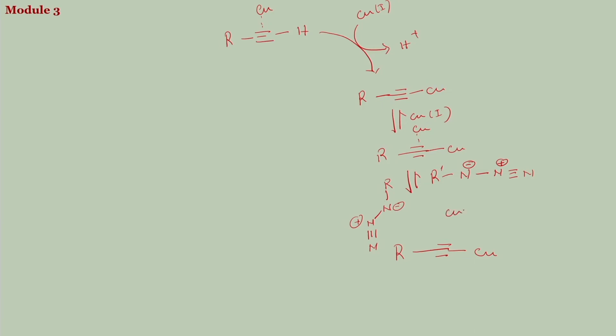Now, you have this copper here that makes a complexation, and this makes a complexation. Copper is electropositive, so it wants to push the electron density towards this, which increases the electron density on this carbon, that can act as a nucleophile. This will be coming there.